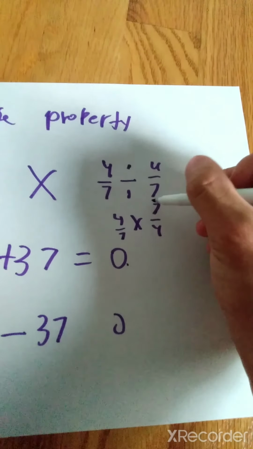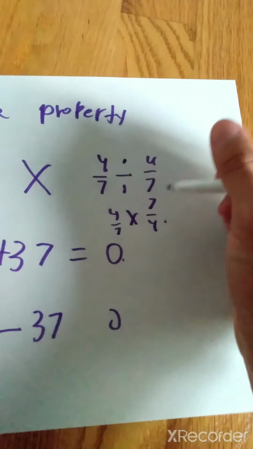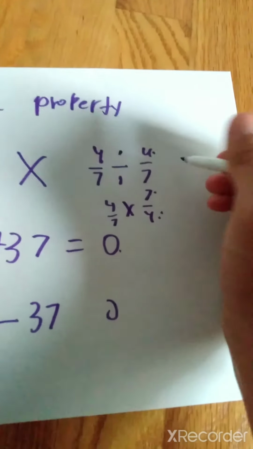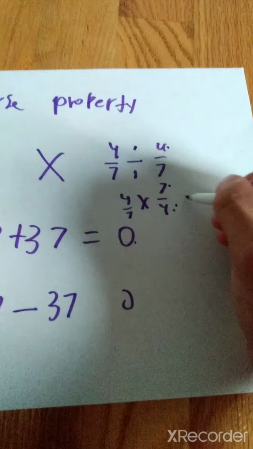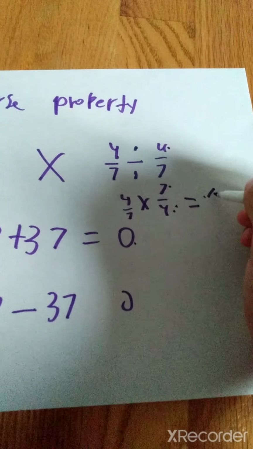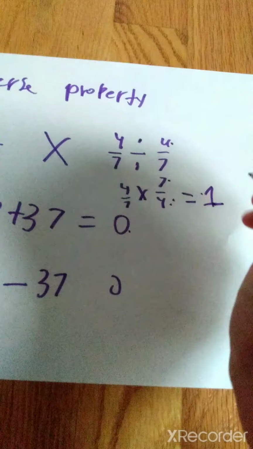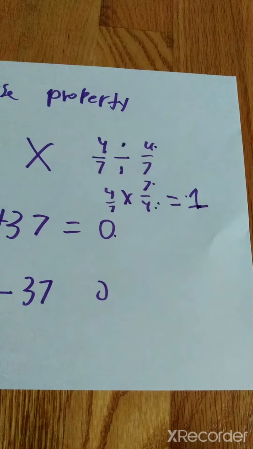The reciprocal is switching the numbers in the fraction around. So 4 is now on the bottom and 7 is now on the top. This will only work if our answer is going to equal 1. We only call it the inverse property of multiplication if the answer is 1.